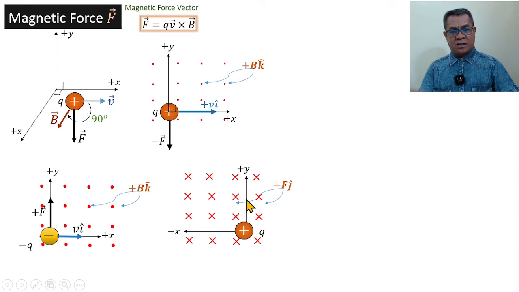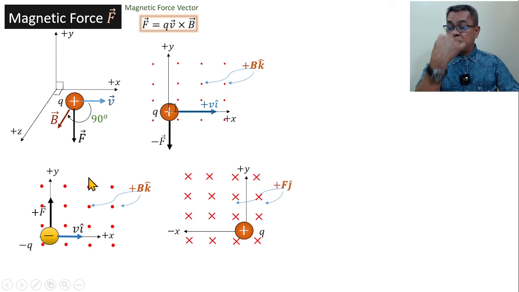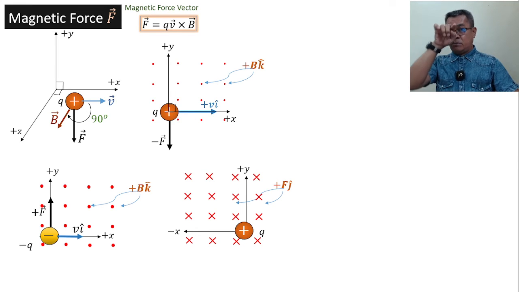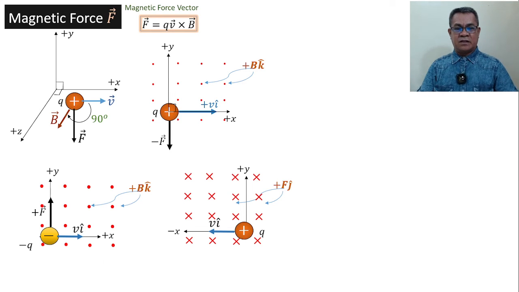The x, meaning the wings of the arrow forming an x, means the arrow is moving away from you. The dot means the arrow is towards you. So this is now 3D. If this is the direction of force, and this is the direction of velocity towards negative x, the question is, where is the direction of the magnetic field?